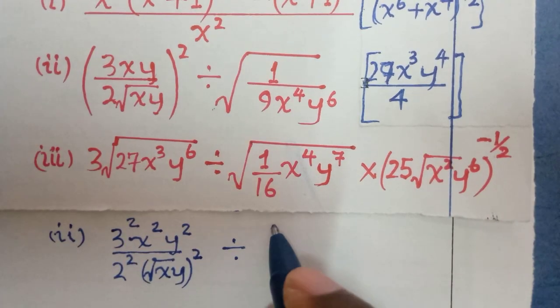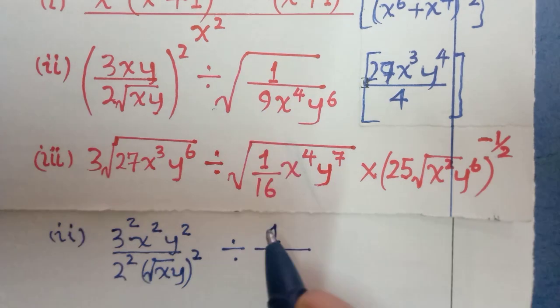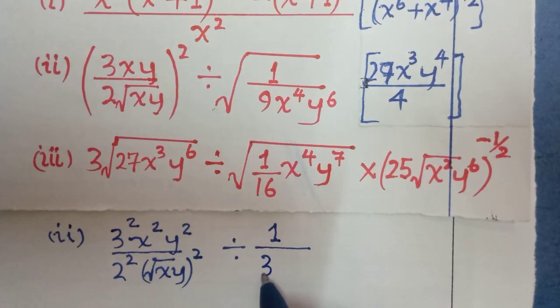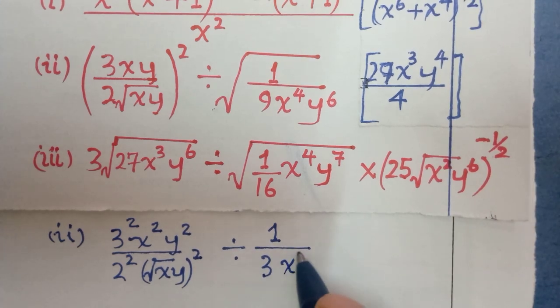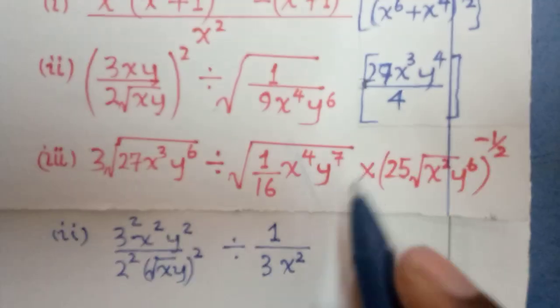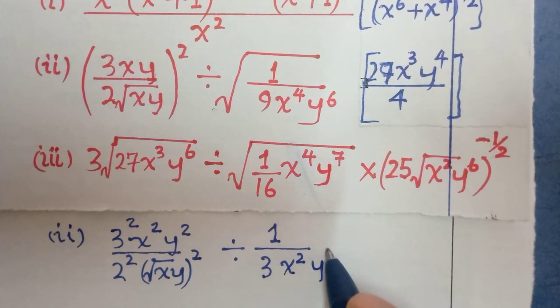The square root of 1 will remain as 1. Square root of 9 is 3. Square root of x raised to 4, that will be x squared. And square root of y raised to 6 is going to be y raised to 3.